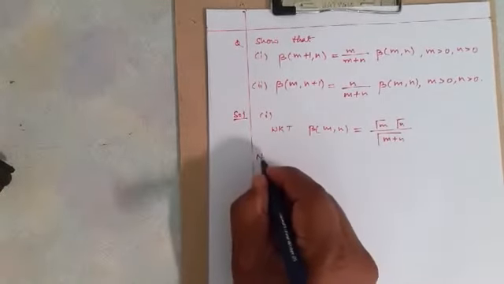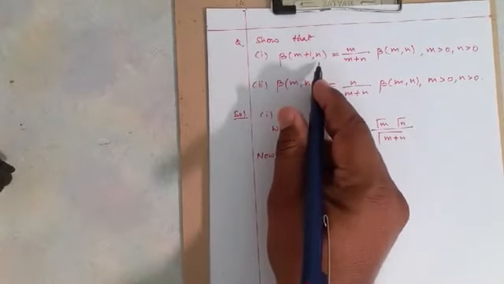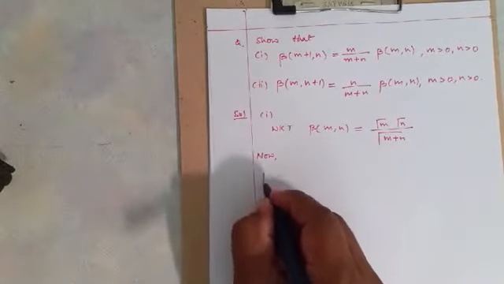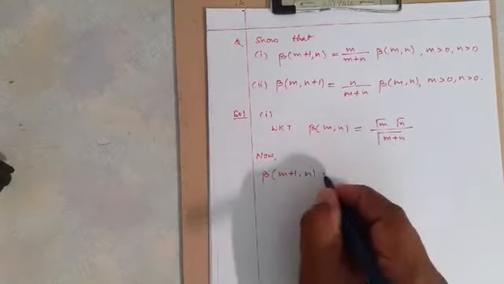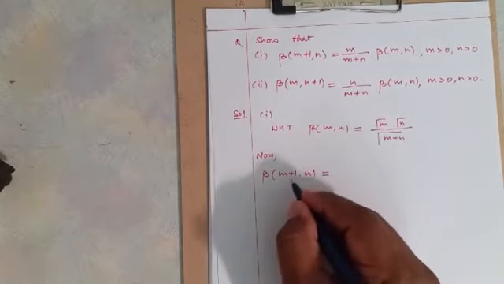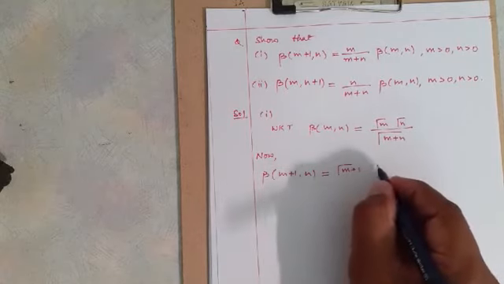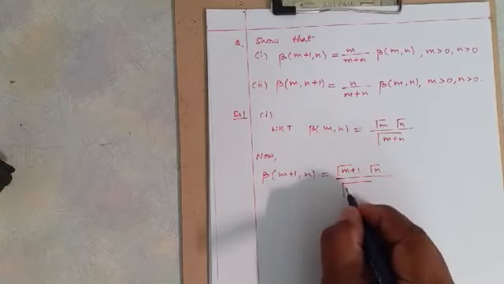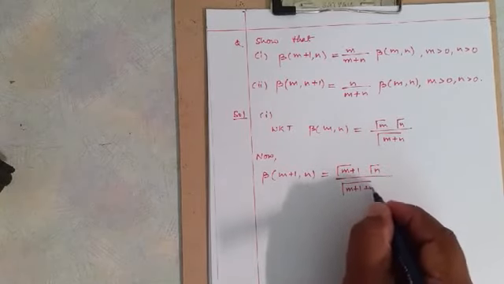Now in the first bit you can see beta of m plus 1 comma n is given. So I write here beta m plus 1 comma n is equal to, in the place of m I am writing m plus 1. So it becomes gamma m plus 1 gamma n upon, in the place of m I am writing m plus 1 plus n.